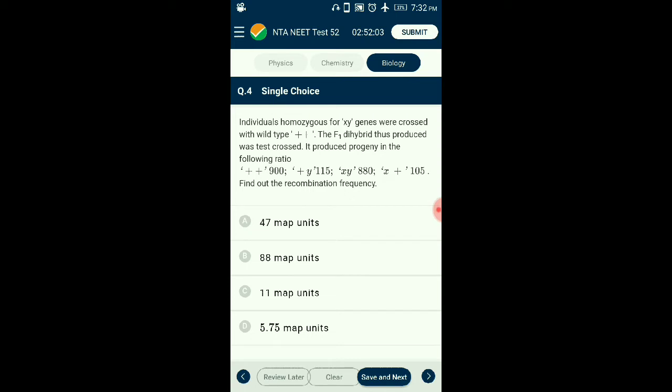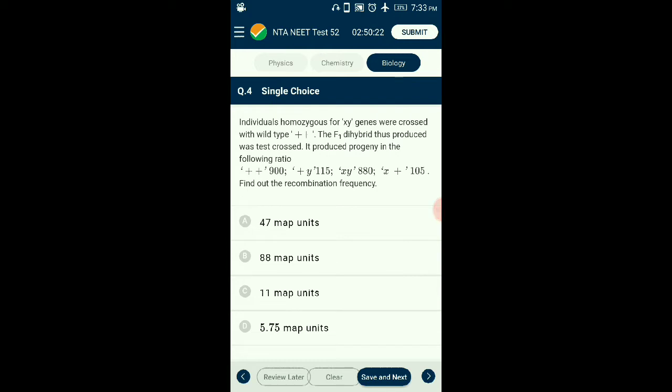Question number 4. Individuals homozygous for XY genes were crossed with wild type plus. The F1 dihybrid thus produced was test crossed. It produced progeny in the following ratio: plus plus 900, plus Y 115, XY 880, X plus 105. Find out the recombination frequency. The following formula can be used to calculate the recombination frequency: RF equals NR by TP into 100 map units, where RF is recombination frequency, NR is the number of recombinants, and TP is the total number of progeny.